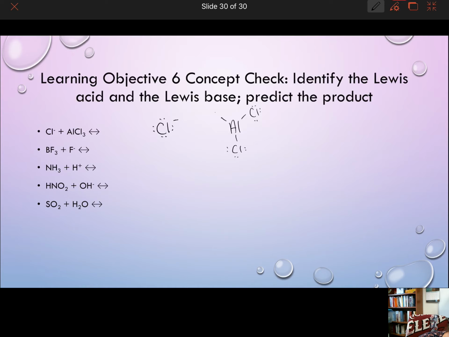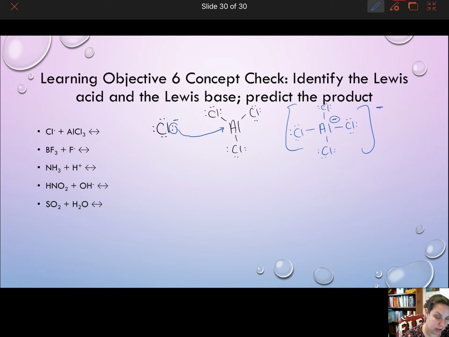We see from here that we have an electron deficient aluminum and an electron rich chlorine. So this pair of electrons will donate to the aluminum, and we produce this following species. We have a negative charge on our aluminum and an overall negative charge.